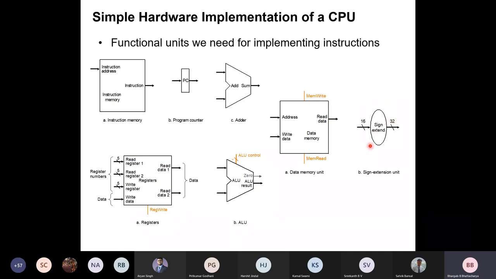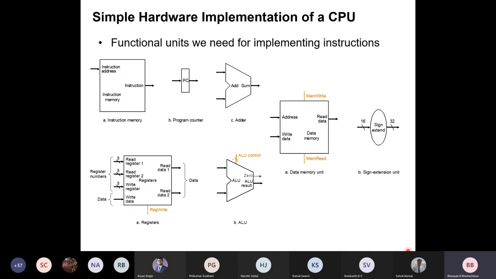So we need hardware that takes the 16 bits as input and provides the 32-bit sign-extended output. That means the most significant 16 bits are filled with the corresponding sign bit. That's nothing but a small piece of hardware which copies that bit to the most significant 16-bit positions. This is called sign extension.